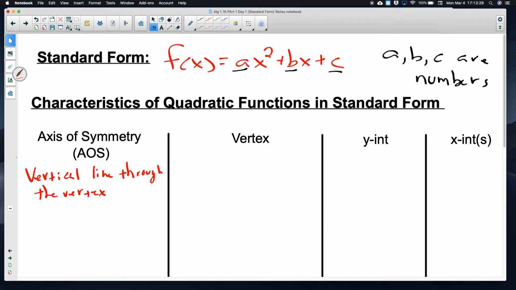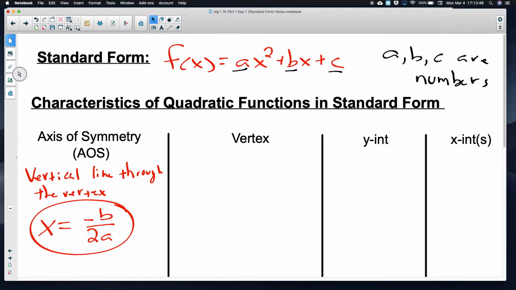And the equation for that, remember a vertical line is always x equals. And how can I use a, b, and c? Well, the equation of the axis of symmetry is x equals negative b over 2a. So that's the equation to find the axis of symmetry, or the AOS.